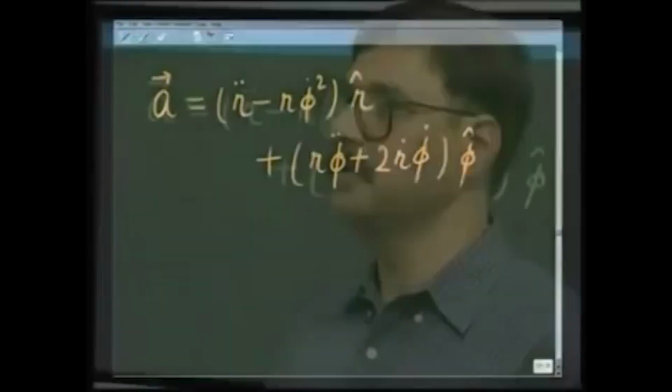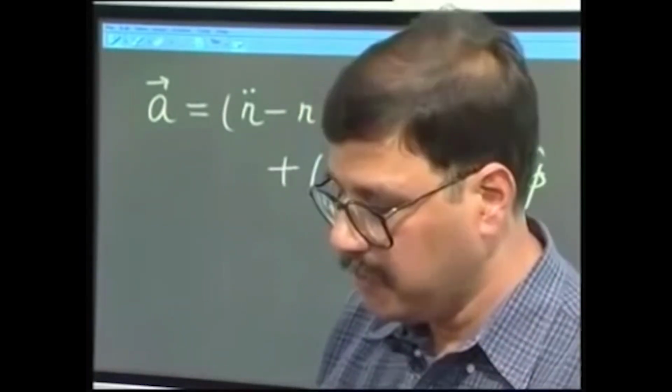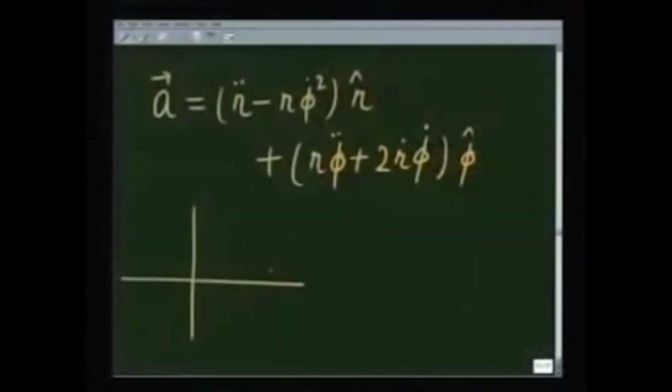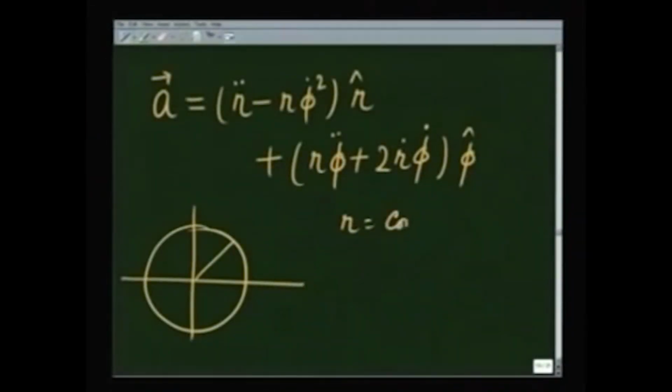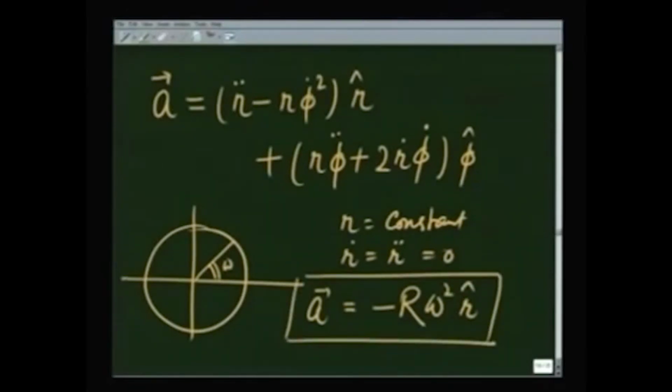This relationship looks quite complicated, but let me give you again a familiar example of a particle moving in a circle for which r is constant, and therefore, r dot is equal to r double dot is equal to 0, and if it is moving with constant angular velocity omega, then A comes out to be minus the radius of the circle times omega square r, which is your familiar centripetal acceleration.